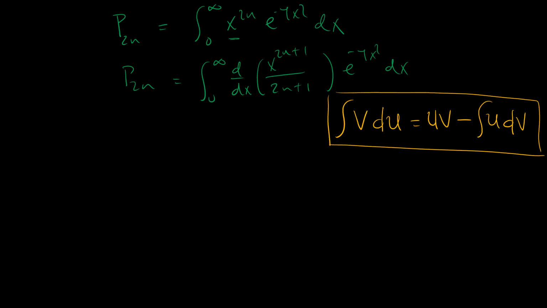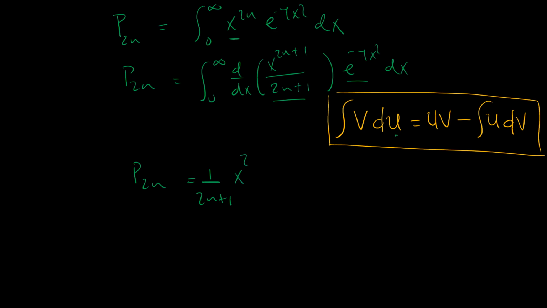So what do we do now? We know that this is going to be our u, and this is our v. So the P2n becomes uv, which is going to be equal to 1.